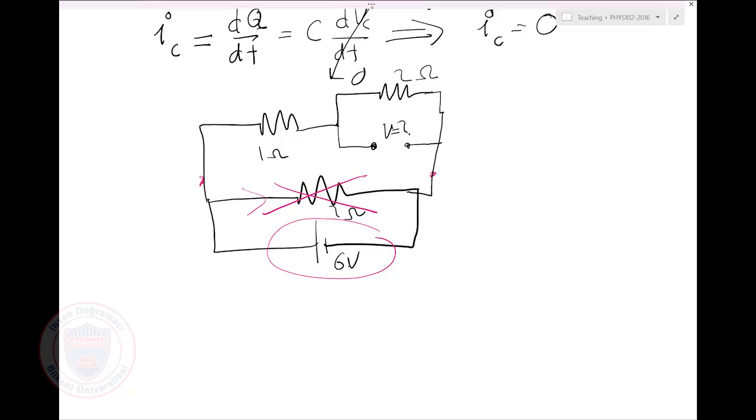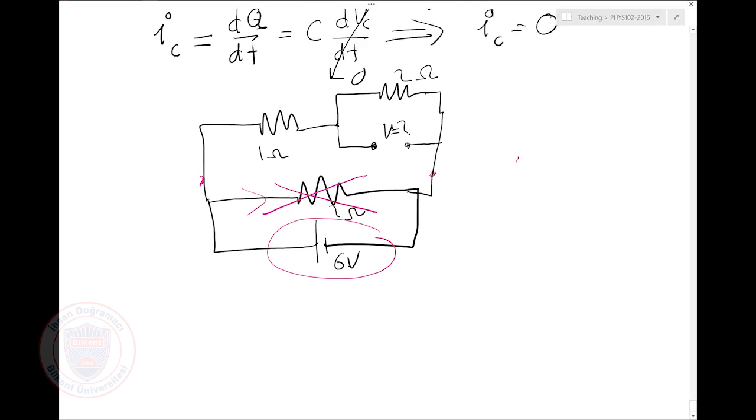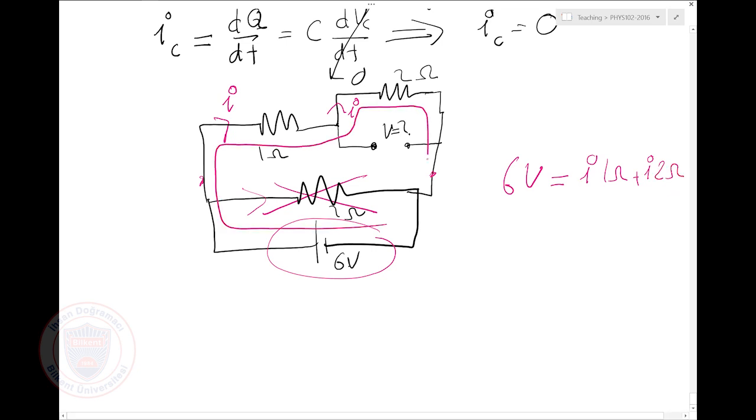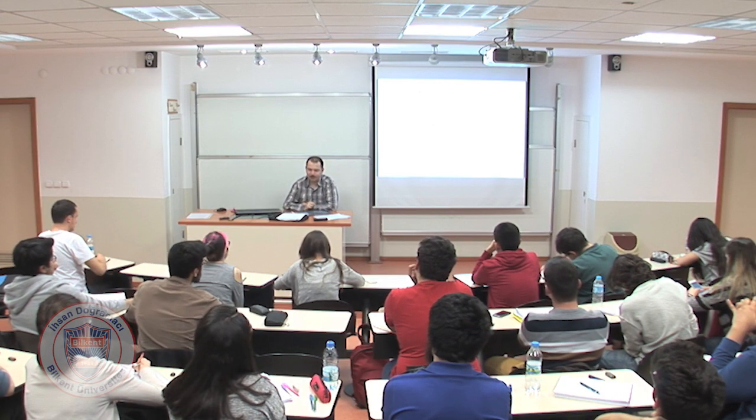Okay. So I can do the following. I can very quickly say 6 volts from one end to the other. Whatever current is flowing here must also be flowing here, must equal I times 1 ohm plus I times 2 ohm. I used Kirchhoff's loop law in the outside loop of the circuit.